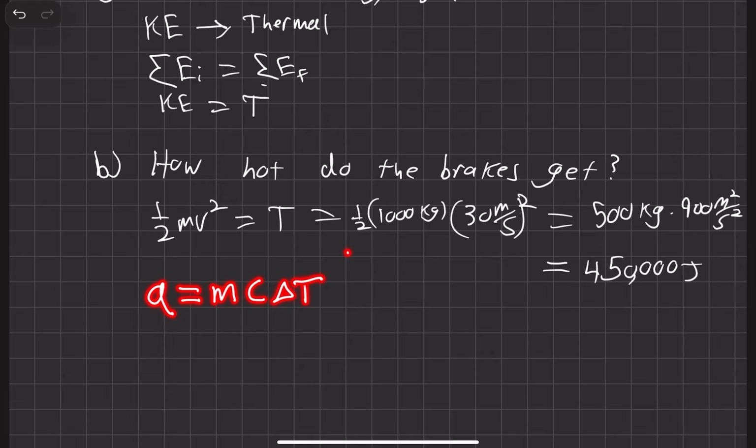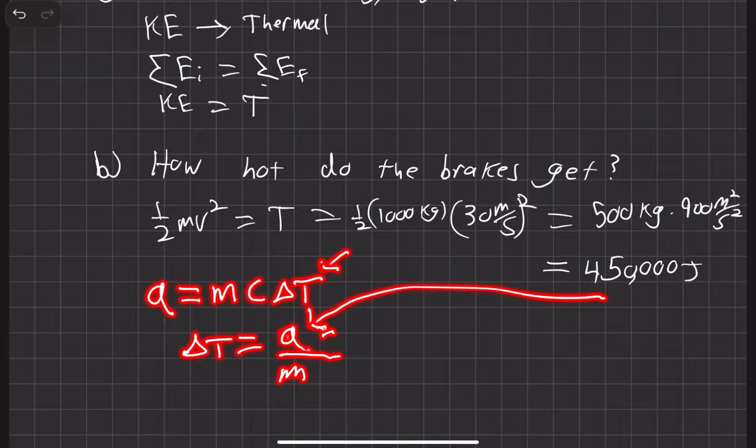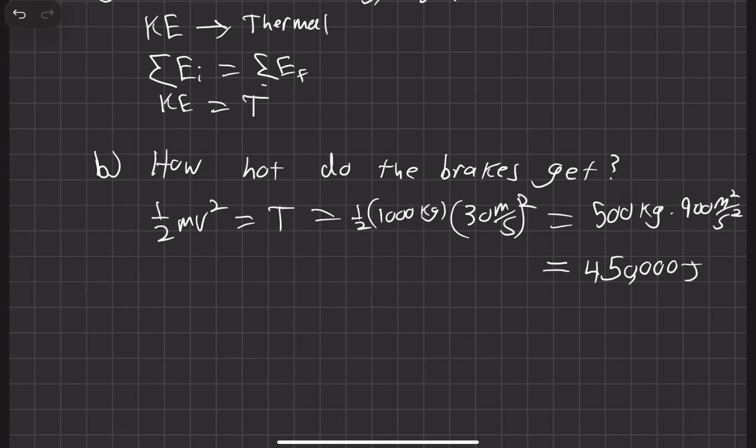And what you can do is just find that change in temperature. So the change in temperature is equal to the heat energy added, which in this case is our 450,000 joules, all divided by the mass of the brakes times the specific heat of the brakes. For that one, you would need to know what the brakes are made of in order to solve the rest of this. But you can at least say how much thermal energy was added to the brakes.